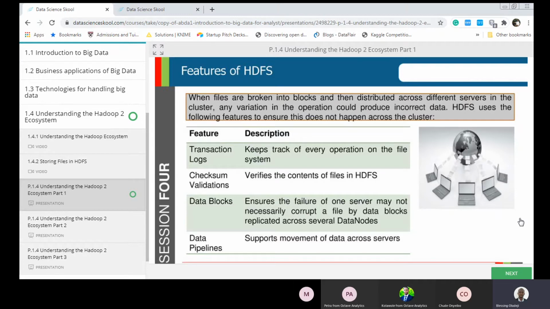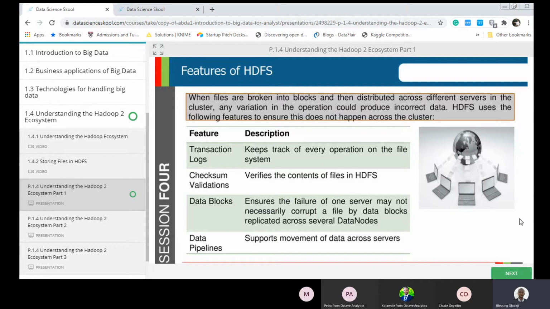In the same way, HDFS has some of its features, because how do you know that this data has not gone corrupt, and that everything is still working fine? Number one, it keeps a transaction log and tracks that log every now and then. If I write something to a particular name node, that is logged. If it is updated, there's another entry.